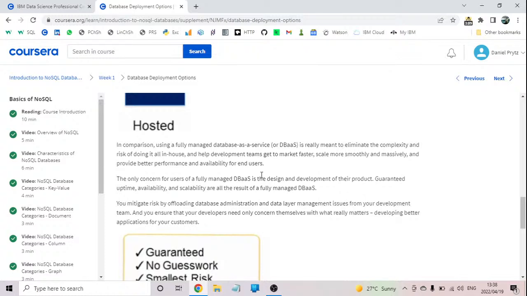Okay, DBAS, now this is what we say is guaranteed. No guesswork, smallest risk, greatest productivity. We get the service to market quicker. We eliminate the complexity and risk of doing it on our own.